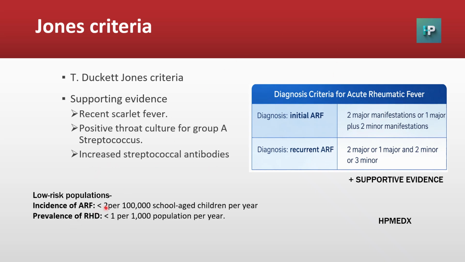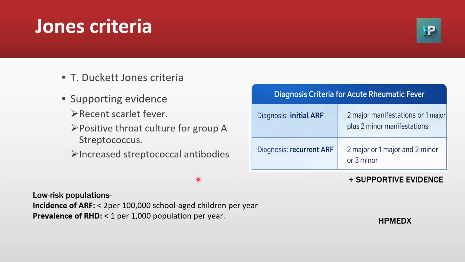Here you can see the diagnostic criteria, that is initial acute rheumatic fever and recurrent acute rheumatic fever. At first, for initial, it will be two major criteria or one major plus two minor criteria. And for recurrent, two major criteria or one major plus two minor criteria or three minor criteria.